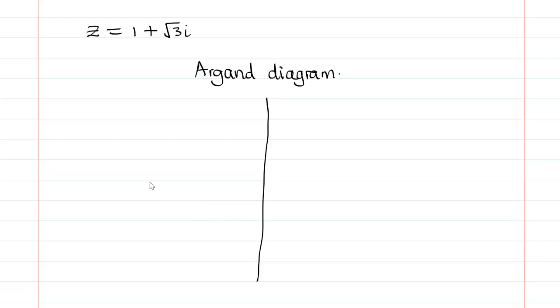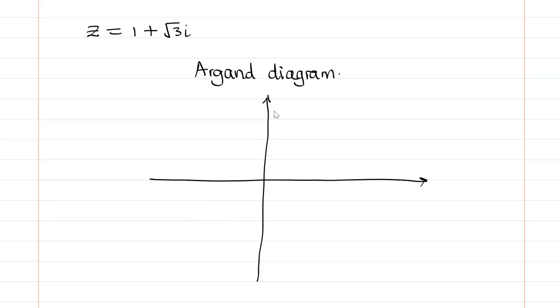So now from here, our complex number z is given as 1 plus root 3i. Now the Argand diagram of this would be, first of all, you draw the complex plane with the vertical axis and the horizontal axis.